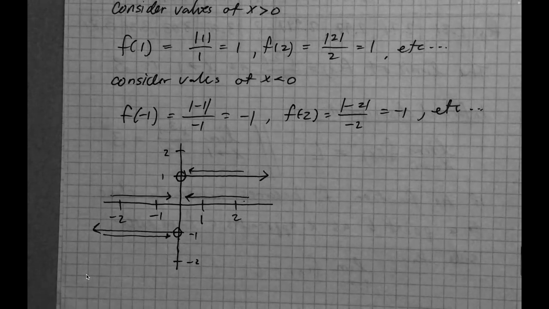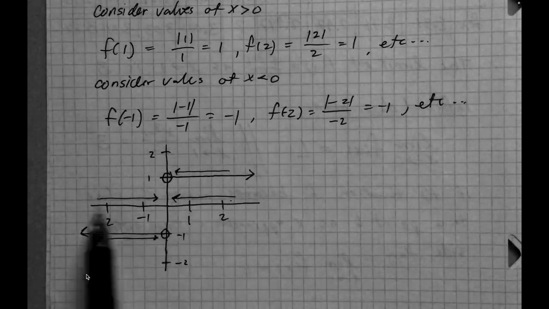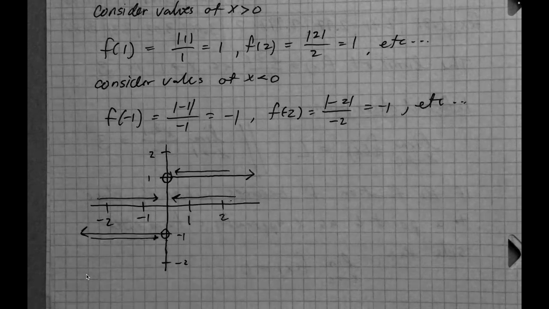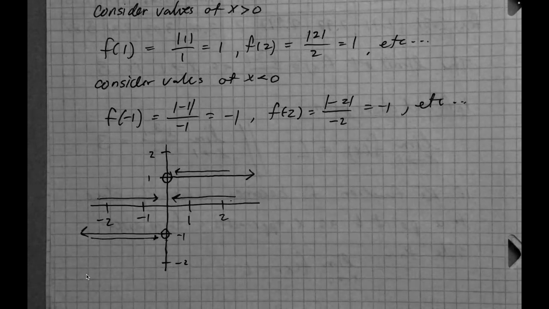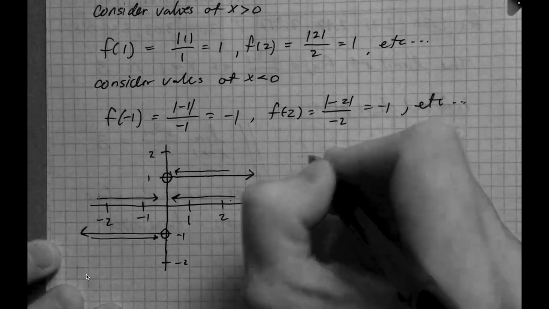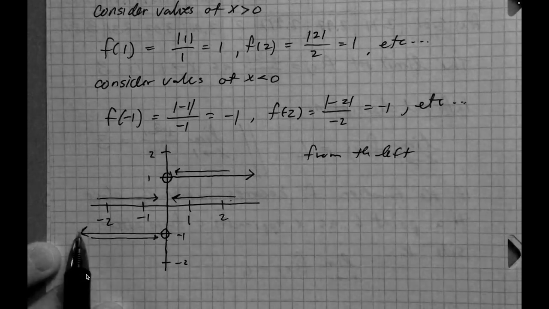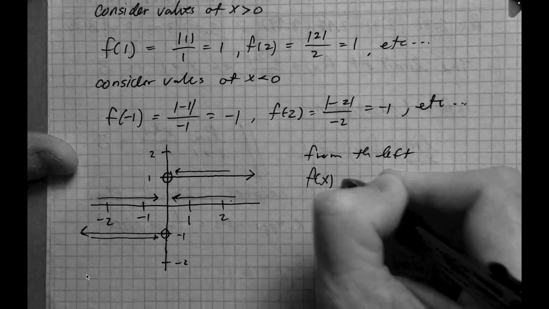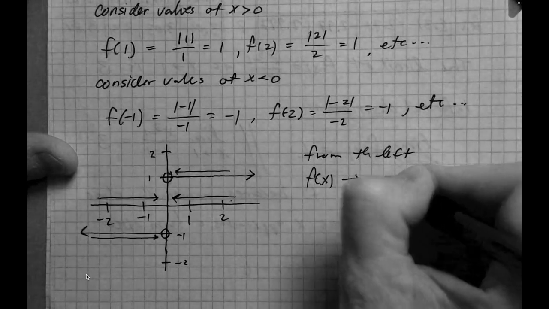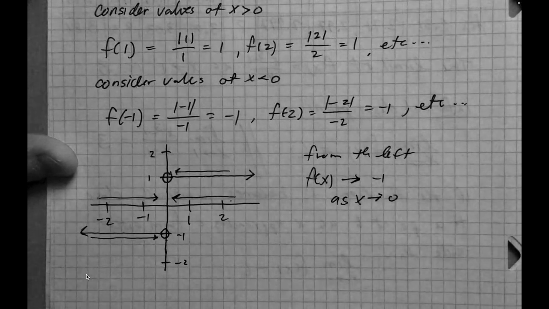So what does this mean? The real interesting part about this example is that as we approach 0 from the left-hand side and from the right-hand side, we actually approach different values on the function. From the left, meaning from this direction, f of x goes to -1 as x goes to 0.